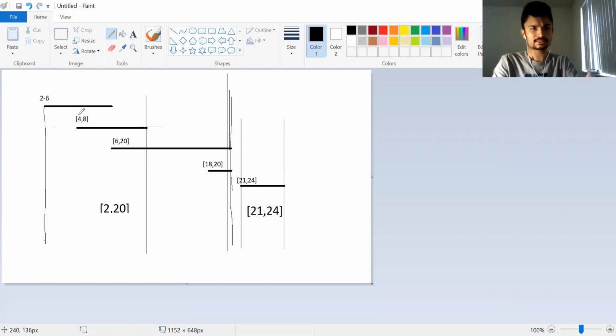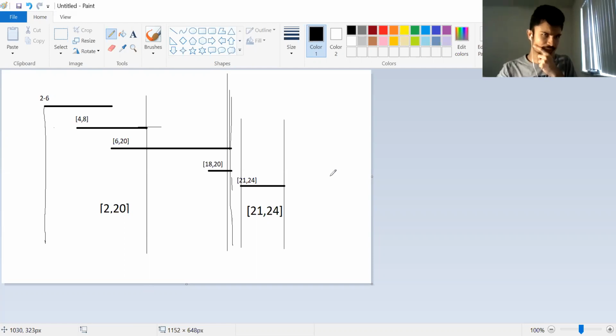Just by looking at it, all of these intervals are overlapping here, so they can be merged together, and I can have 2 comma 20 representing all these intervals. Similarly, 21 comma 24 has nothing overlapping, so it is not grouped and is just output as 21 comma 24.